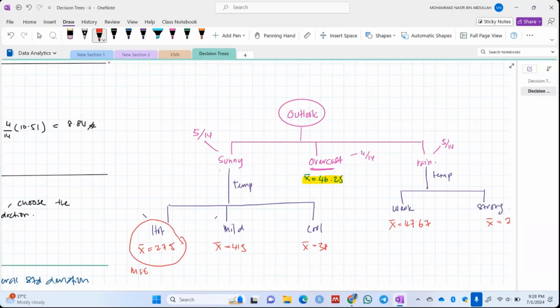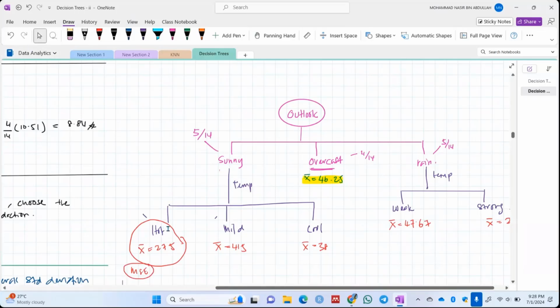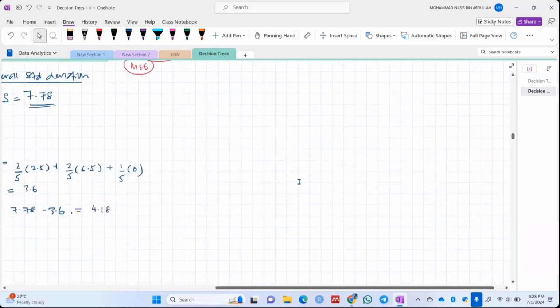So we choose the lowest mean square error among the available leaves. The mean square error can be computed using any statistical software, like Python, R, SPSS, and so on. I'm not going to show you how to compute mean square error for regression trees, but that is the measure we use to determine which leaf is the best to predict the outcome.